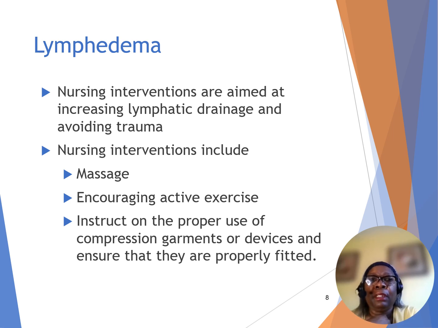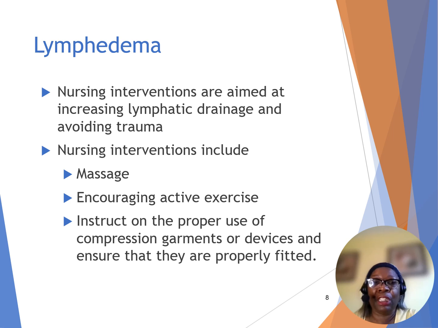Avoid trauma. They're not talking about like an accident or something like that type of trauma. They're saying that we need to be practicing good hygiene and protecting the skin. We don't want these people to get cuts or bruises because why? They can become infected. Very good.